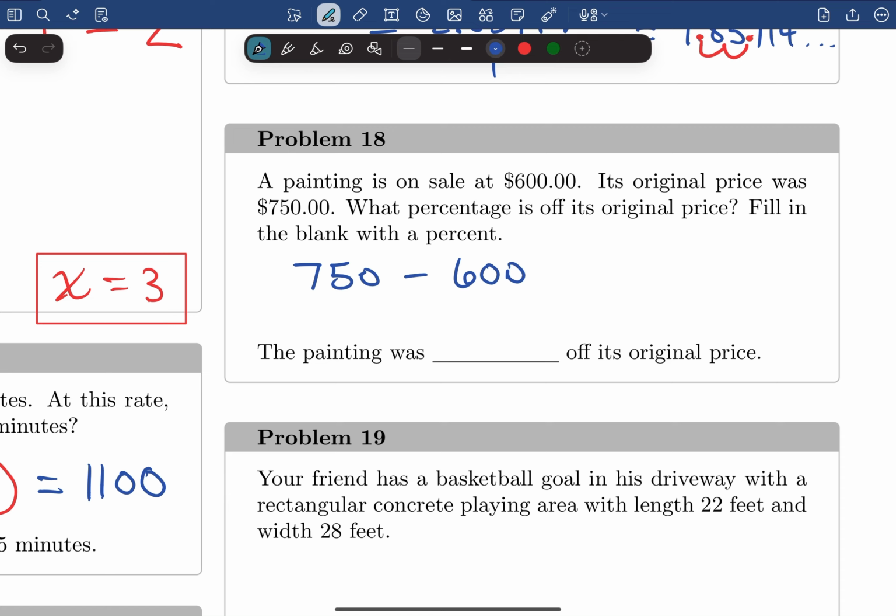Let's take the original minus the sale, and we're going to find that difference, and we get 150. At this point, we're going to take the amount of change and divide it by the original price, which was 750. So I'm going to take 150 and divide by 750.